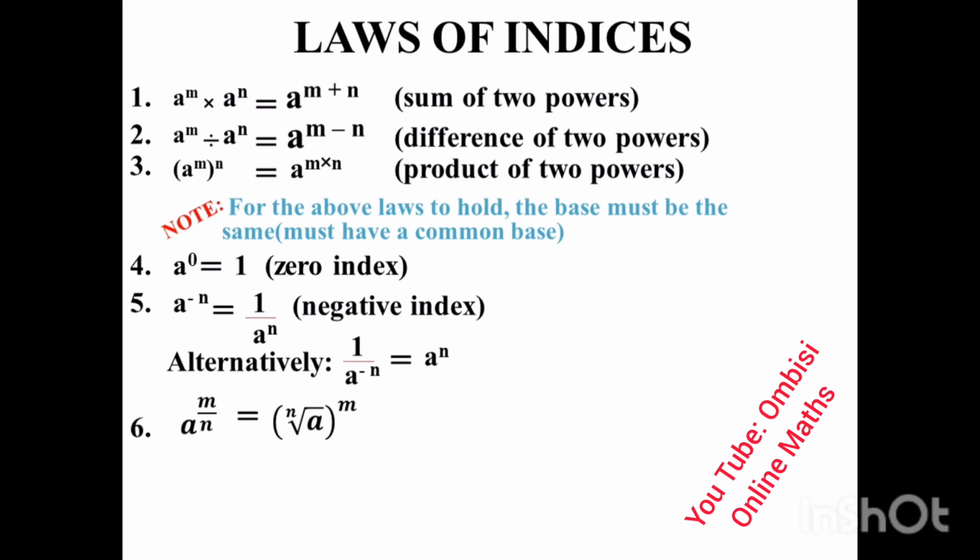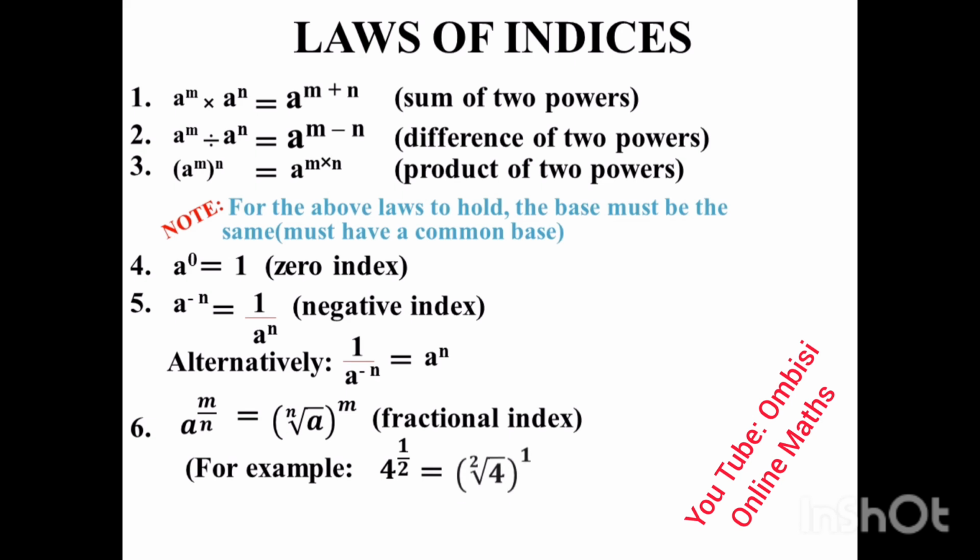In this case, n is the order and m is the power. So this one is known as the fractional index law. We go ahead and look at it in the form of an example. If you have 4 raised to a half, or 1 over 2, this translates to the root of 4 to order 2 raised to 1, which translates to 2.